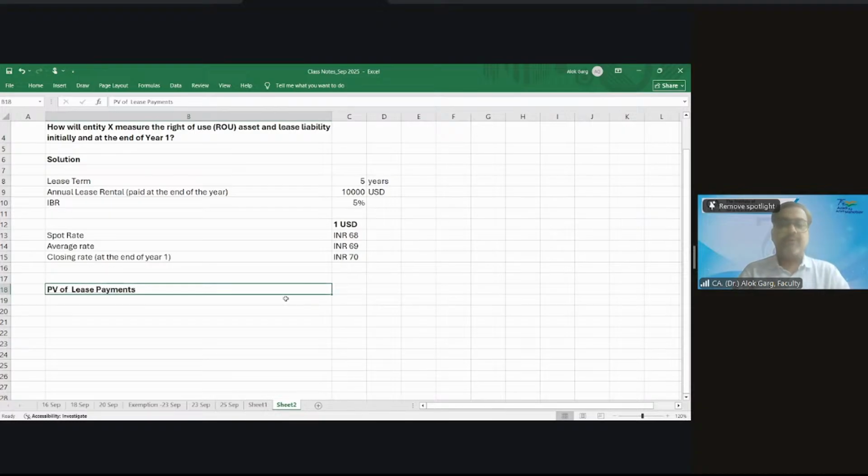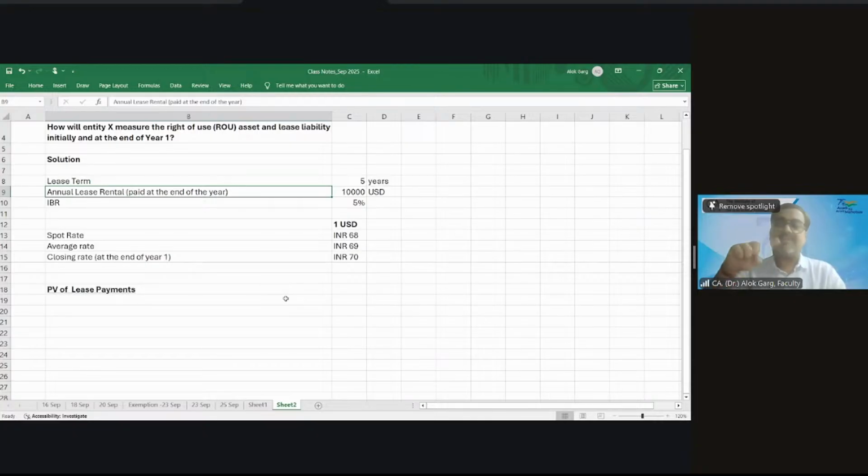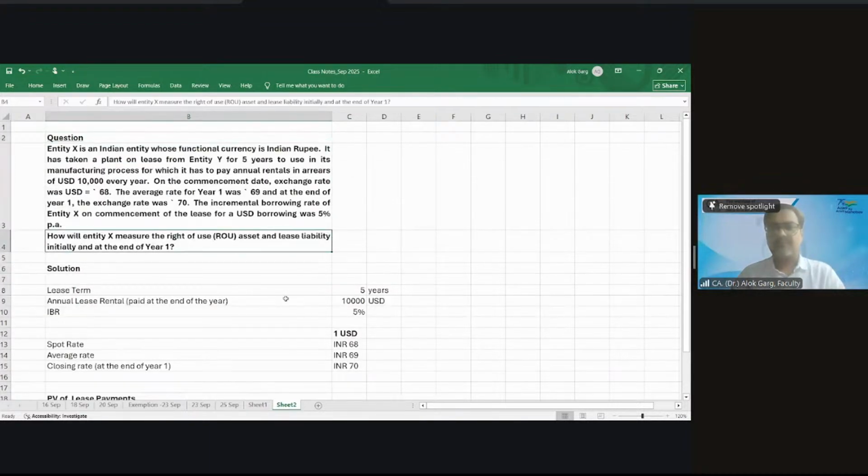When I compute the present value of lease payments, should I convert the $10,000 into INR first, or first compute the present value of lease payments in US dollars? First compute the present value of the lease payments, then we can convert it.